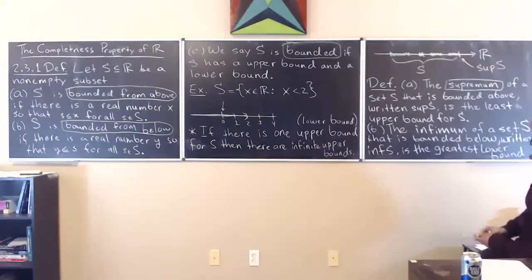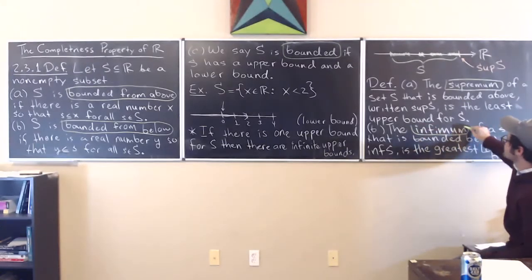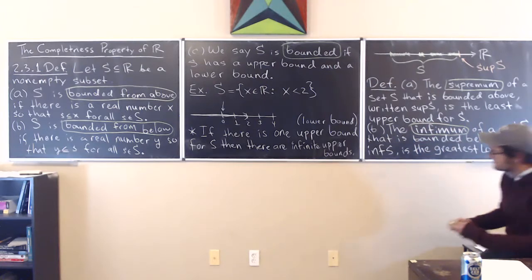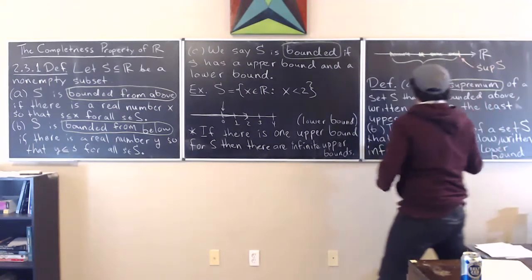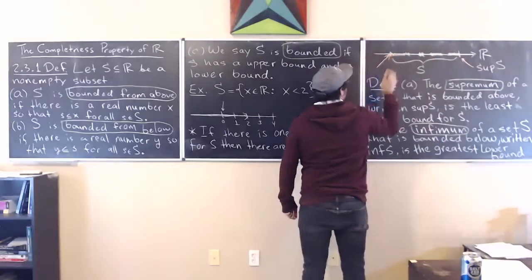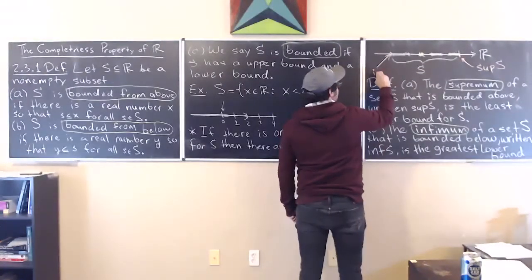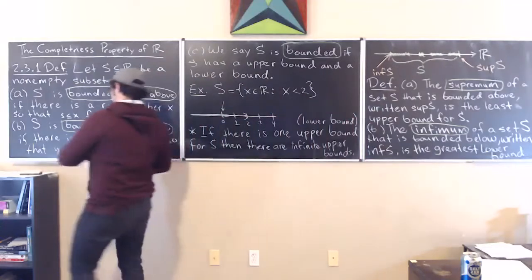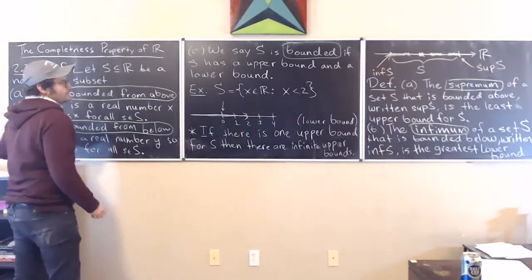Okay, so that's the infimum. The greatest lower bound, the largest lower bound out of all possible lower bounds. So here, this would be the infimum. Okay.